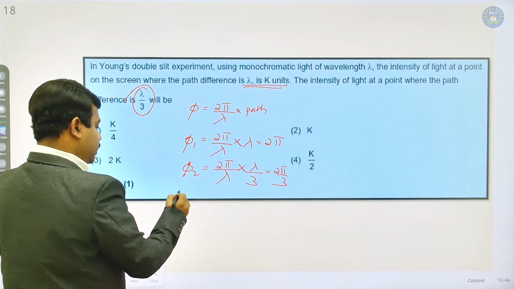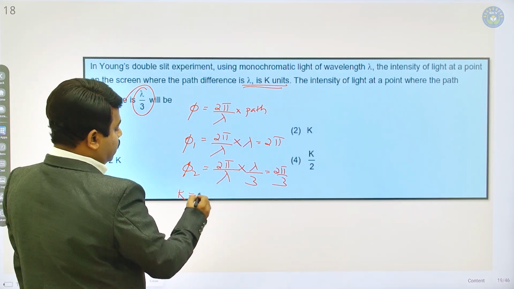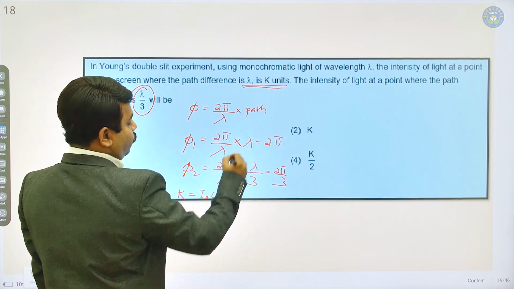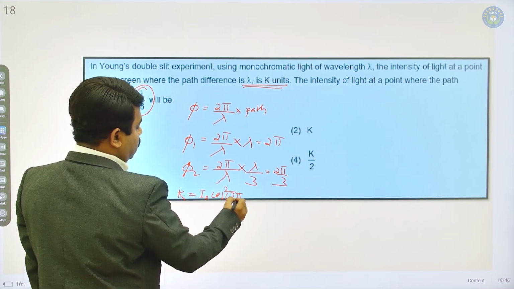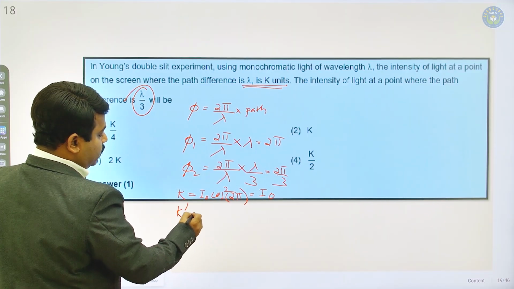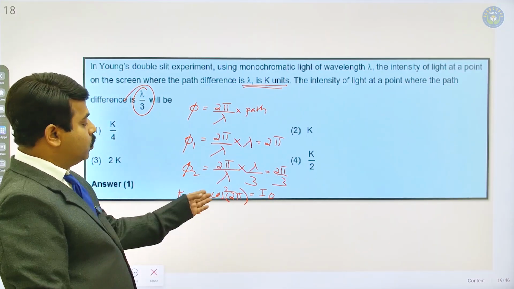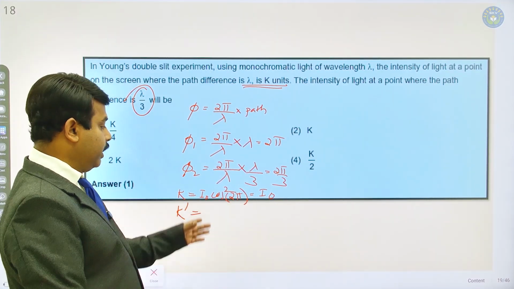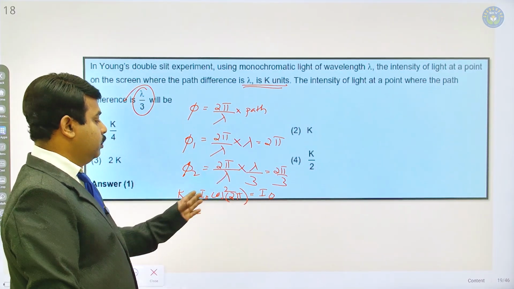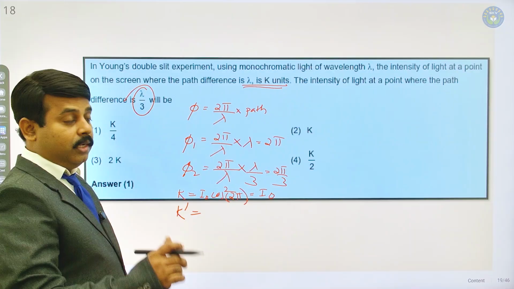Now first case intensity is k, that is I0 cos square of phase angle 2 pi, that is I0 only. Second case, say intensity k dash. Cos square 2 pi is equal to 1, right? Cos n pi is equal to minus 1 raised to n, then cos square 2 pi is 1 only.